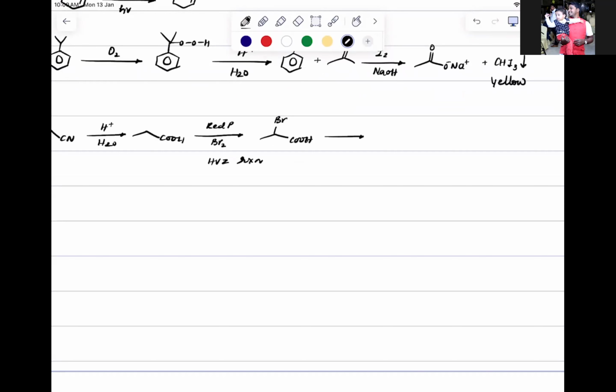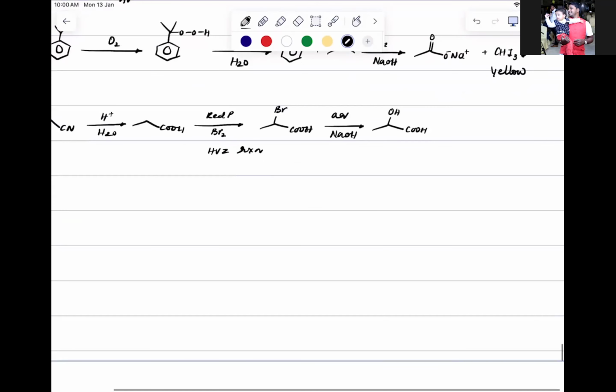HVZ reaction product, if you treat with aqueous NaOH, first it will become OH and COOH, right? And that, if you heat it, will undergo cyclization.